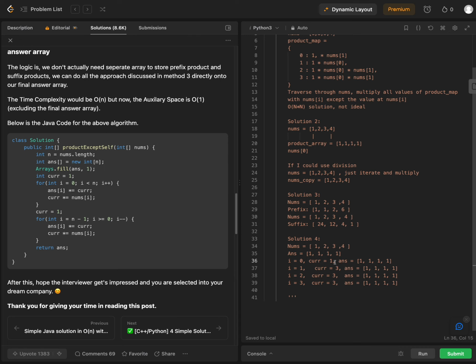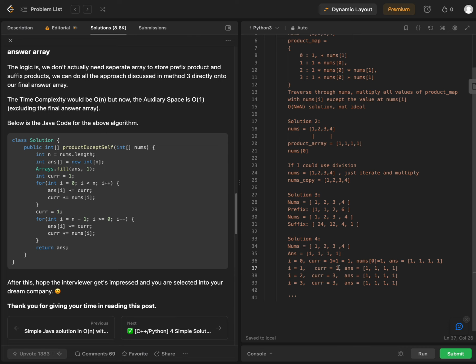Let's do one more. Nums I. Nothing, right? When you have I equals to 1, you have your current equals to 3.